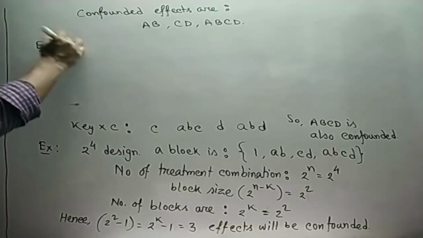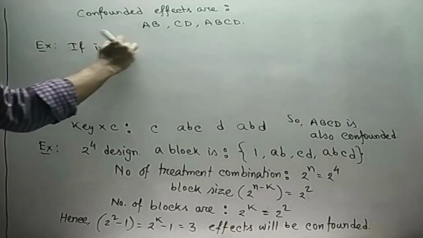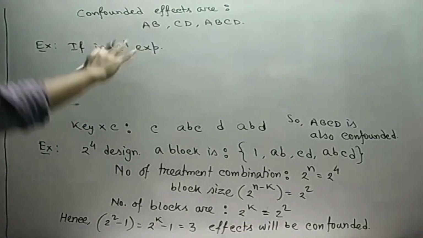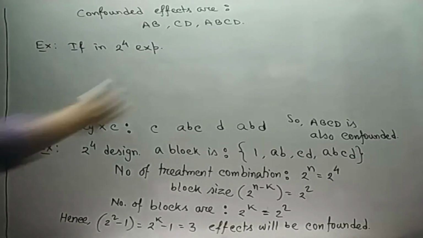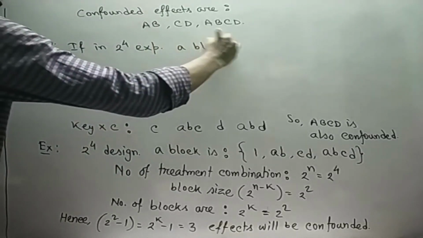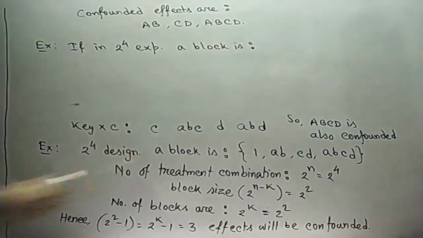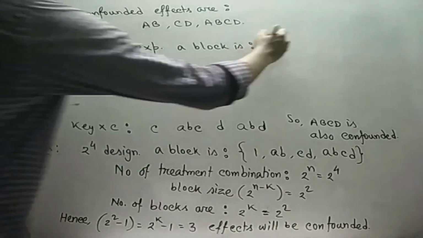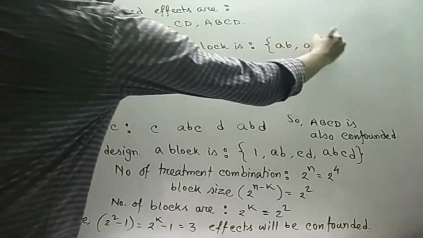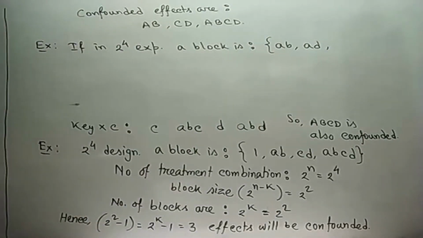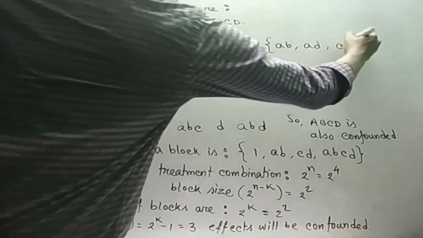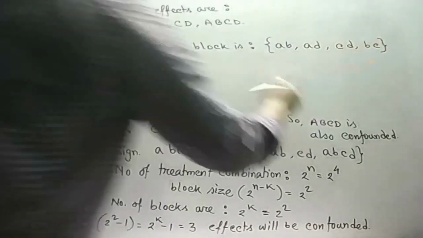So let's say in a 2 to the power 4 experiment, a block is AB, AD, CD and BC. So it is given to us.